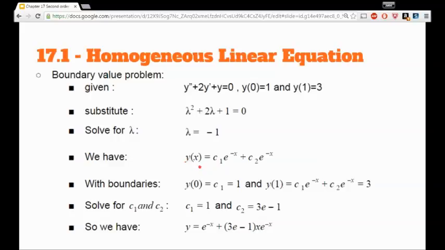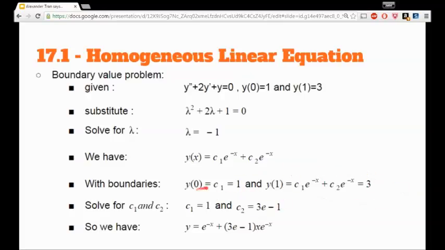So we have this equation here, where y of x is equal to c1 e to the power of negative x plus c2 x e to the power of negative x. Notice that the lambdas are the same. So with the boundary conditions, we get y0 equal to c1 equal to 1, and y1 equal to c1 e to the power of negative x plus c2 e to the power of negative x equal to 3.